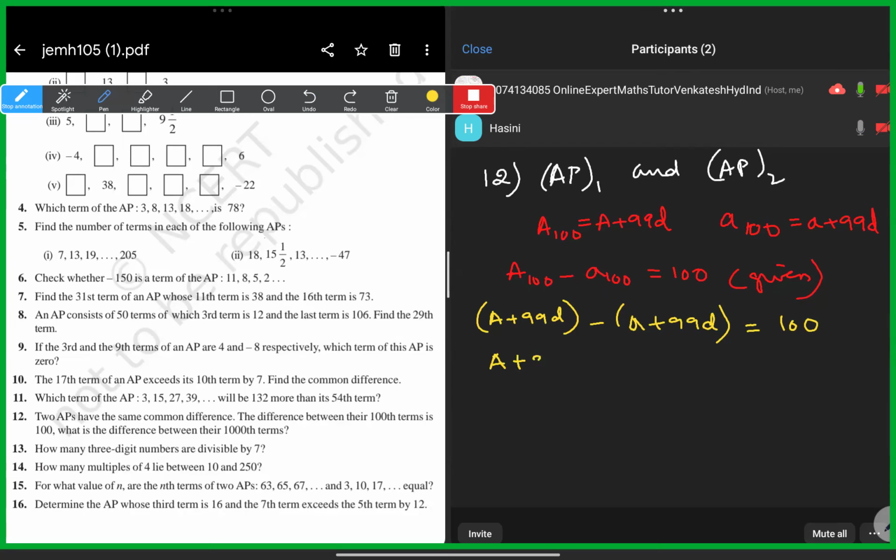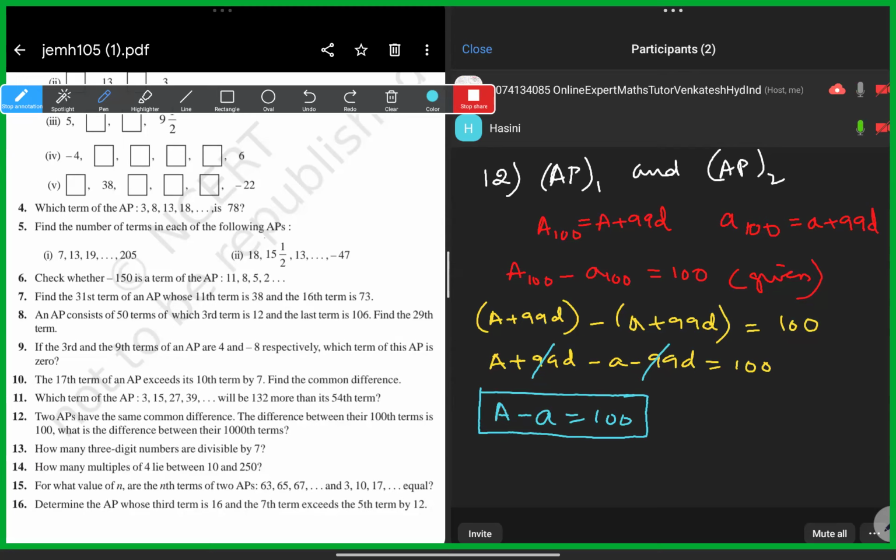A plus 99 D minus A minus 99 D is equal to 100. 99 D will get cut. So we got this equation as A minus small a is equal to 100. We'll keep this aside first.